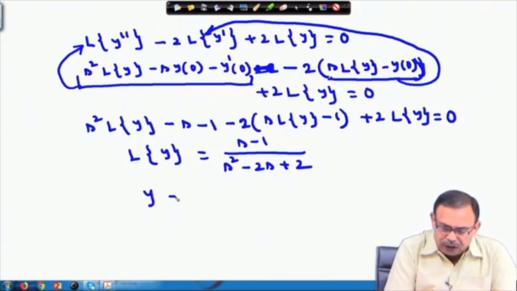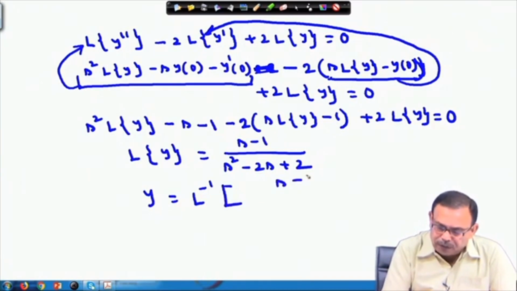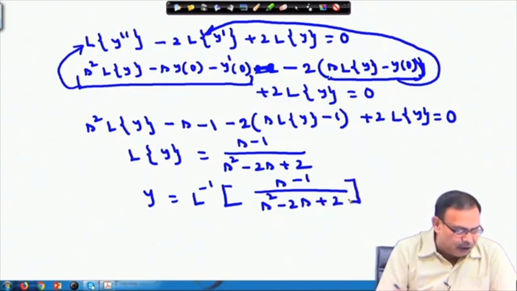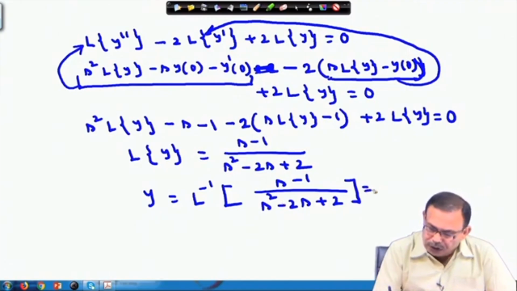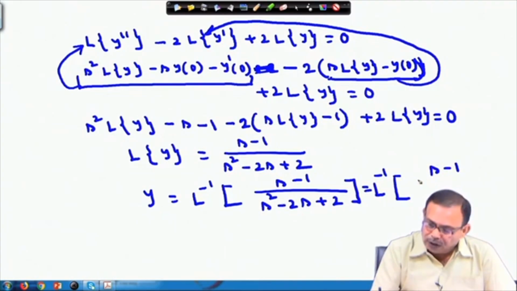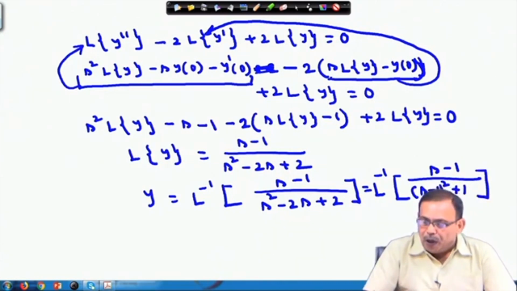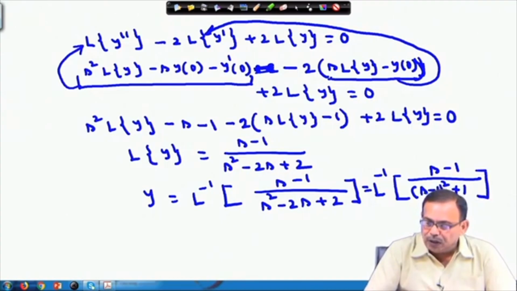So, you can write y equals Laplace inverse of s minus 1 by s square minus twice s plus 2, which I can write as Laplace inverse of s minus 1 divided by s minus 1 whole square plus 1. Please note this.